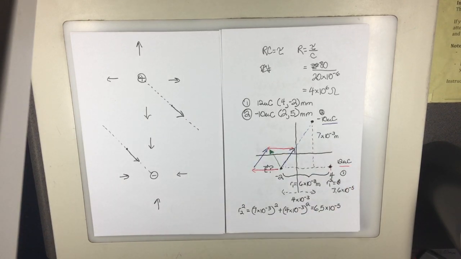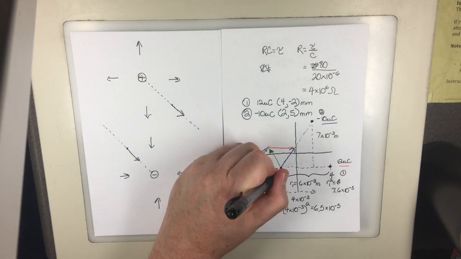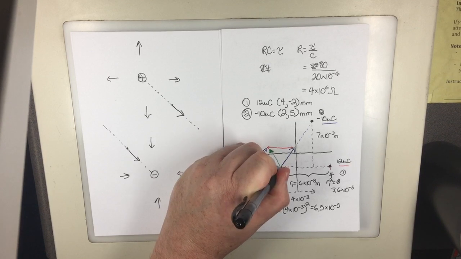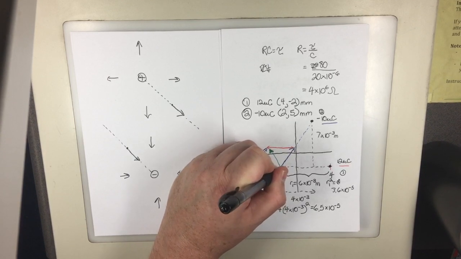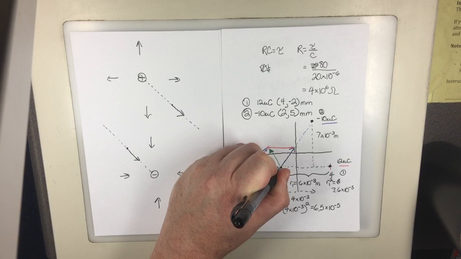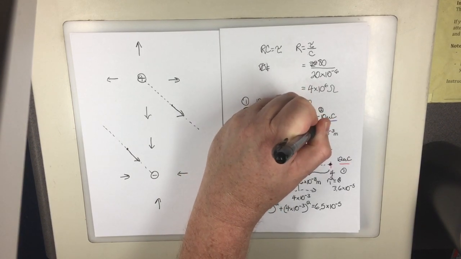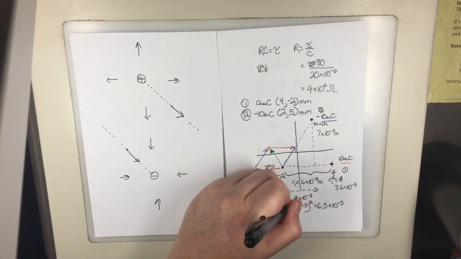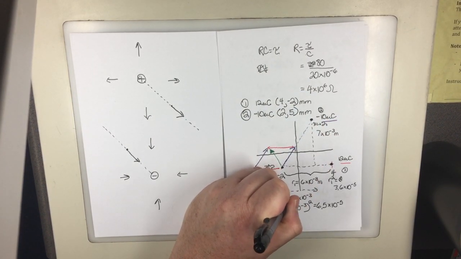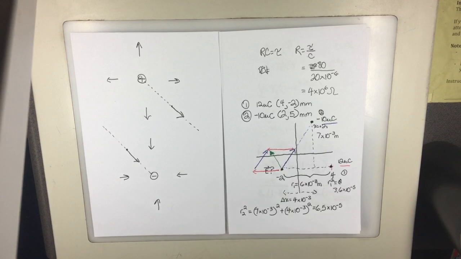I have a question. Yes. For the 4 times 10 to the negative 3, I understand the 7 times 10 to the negative 3, but why are you using the 4 times 10 to the negative 3? Because the x-coordinate here for this particle is -2. The x-coordinate here is +2. So the change in x is 4 times 10 to the -3.